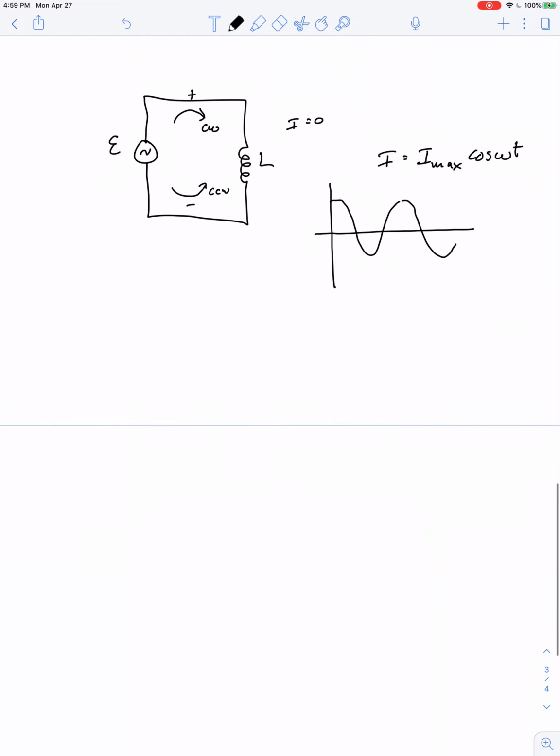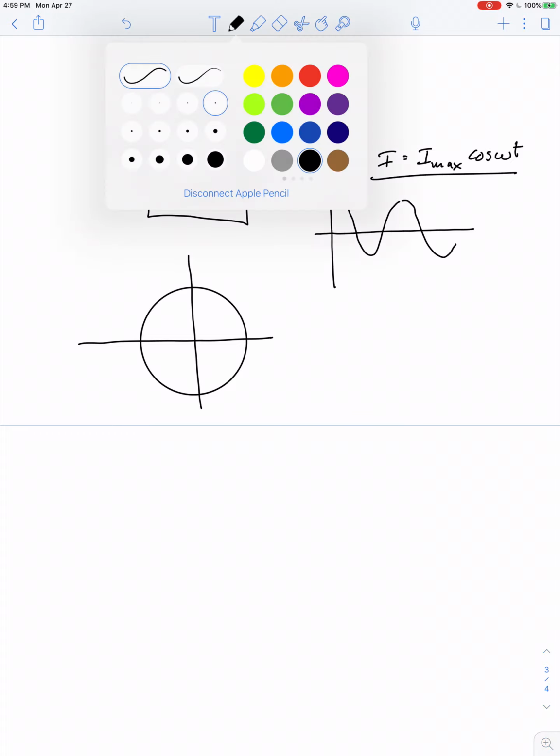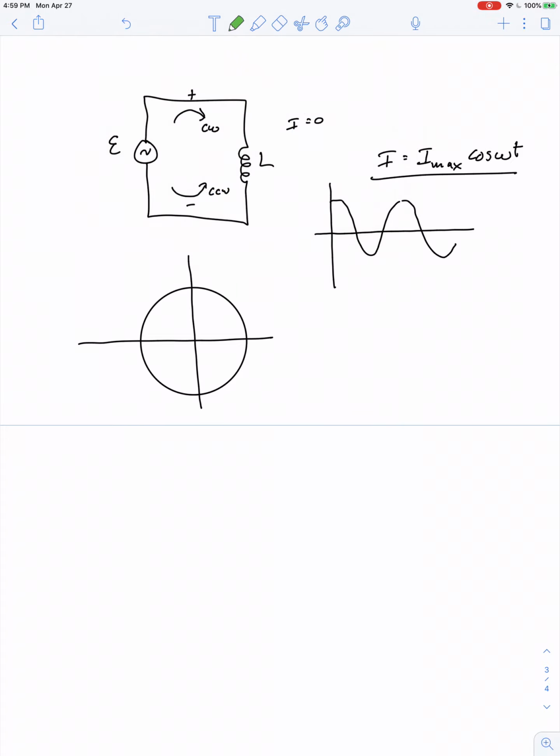We can represent that sinusoidal behavior with a phasor diagram. So initially, at time t equals 0, our current phasor points straight down the x-axis. So that's this data point.